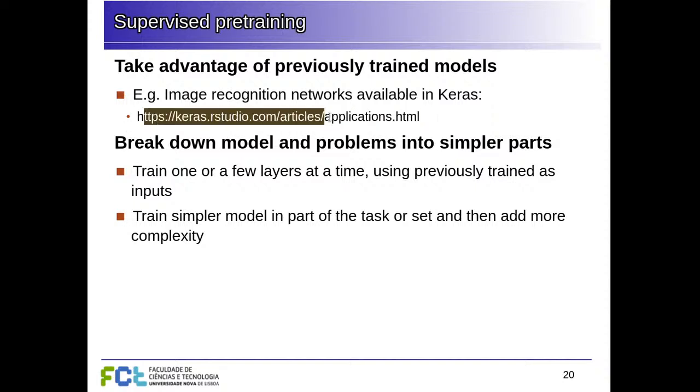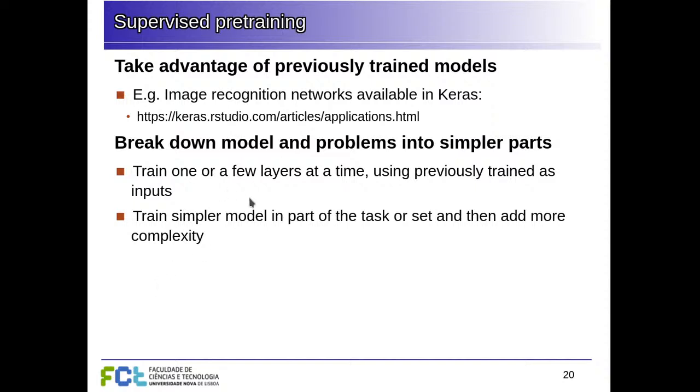The URL is outdated now, but if you look for Keras applications, you can find a list of pre-trained neural networks, some of them very large, for image recognition, that you can download with the weights. So you have the hypothesis, the instance of the network already trained, and you can use that for different problems.